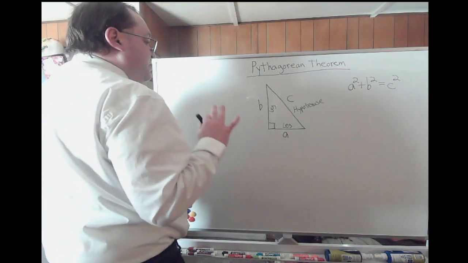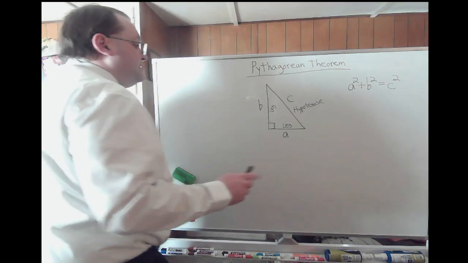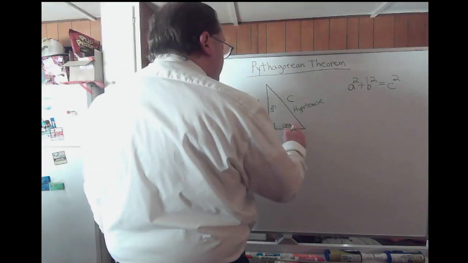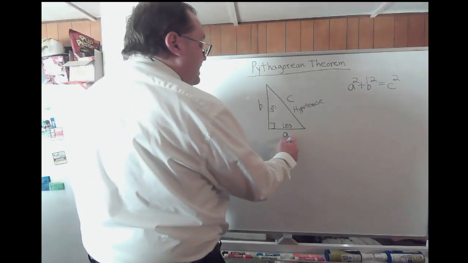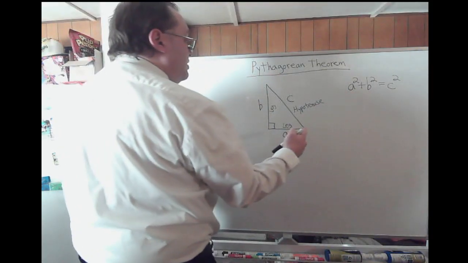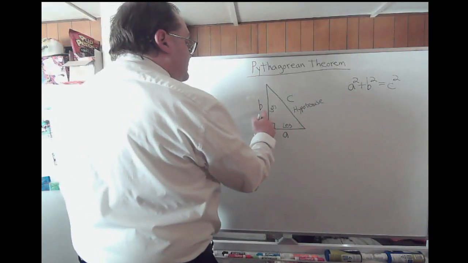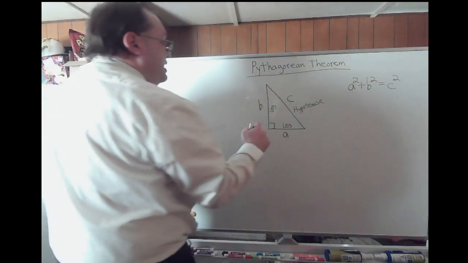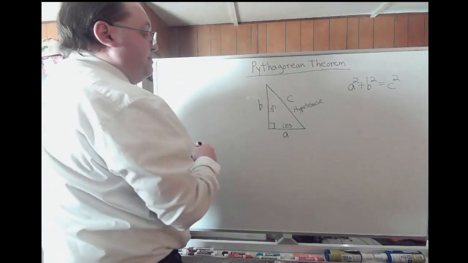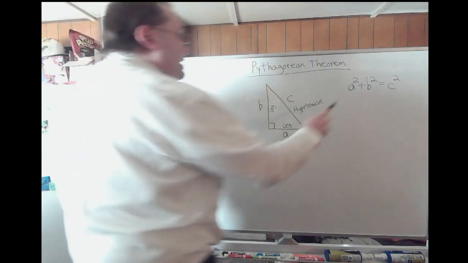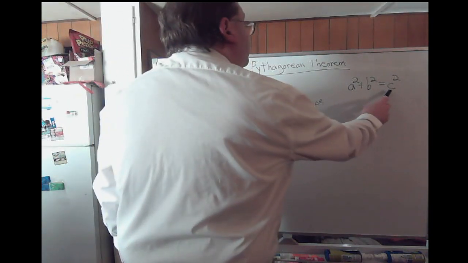The idea of Pythagorean theorem is that you can take the length of one leg, we'll call that A, raise that to the second power, and then add the length of another leg to the second power, and it should equal the hypotenuse length C to the second power. So that's where we get A squared plus B squared equals C squared.